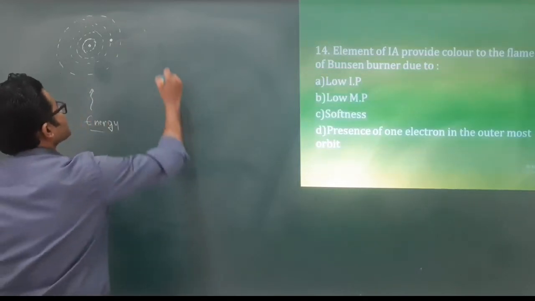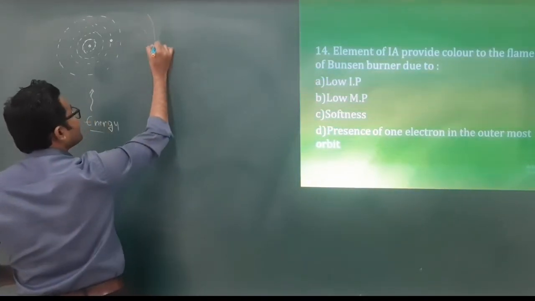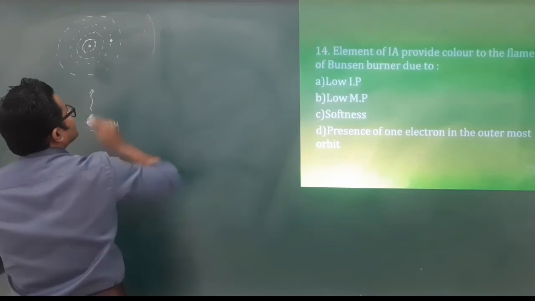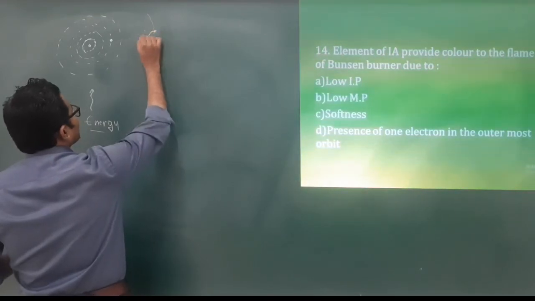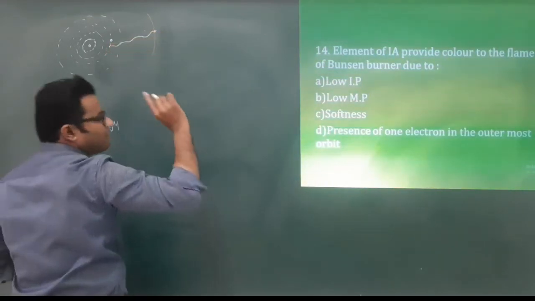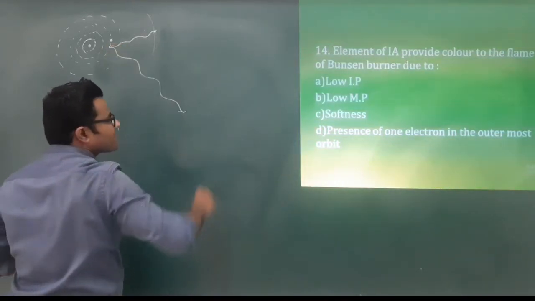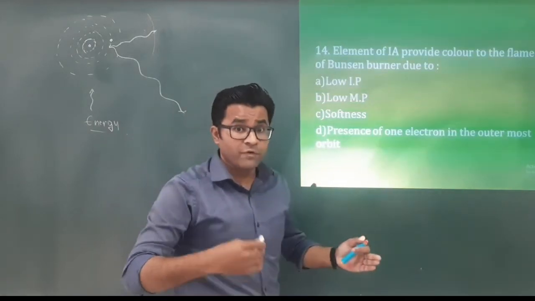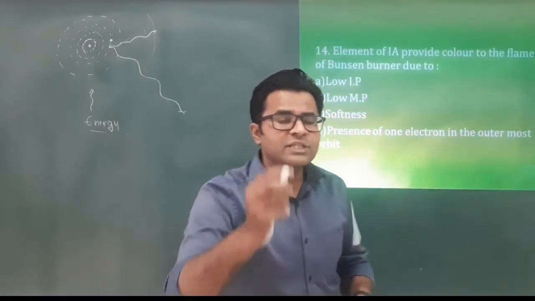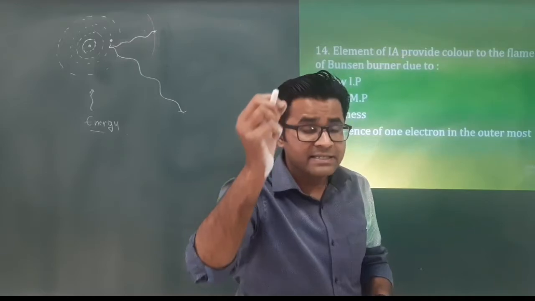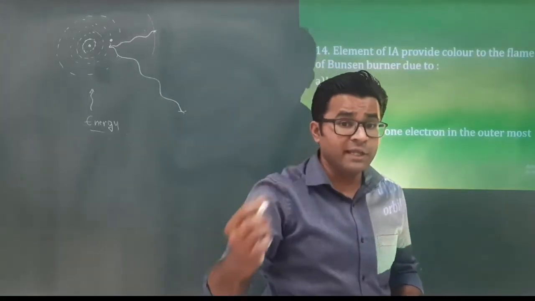It stays there for some time and then gets de-excited. The moment it gets de-excited, it releases a good amount of energy in the form of radiations, and those are the radiations which you can see as the color of the flame.